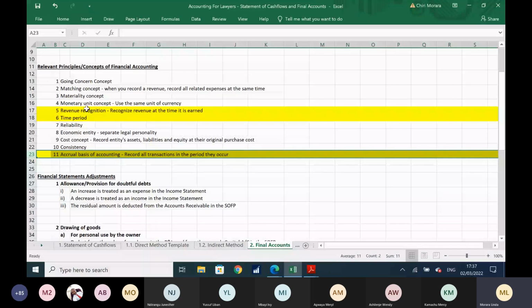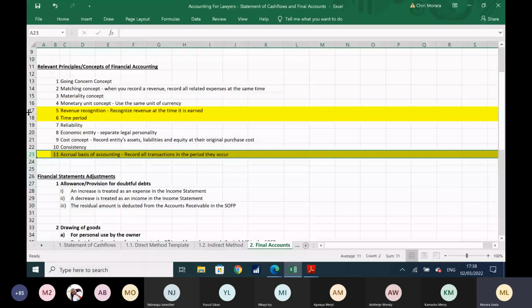So one concept I would want to elaborate more on is revenue recognition. You're supposed to recognize your revenue at the time that it is earned. And when you actually earn it is when you invoice your client. Like you've offered some legal services for your client.